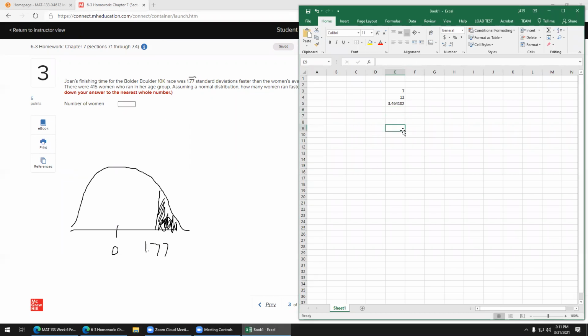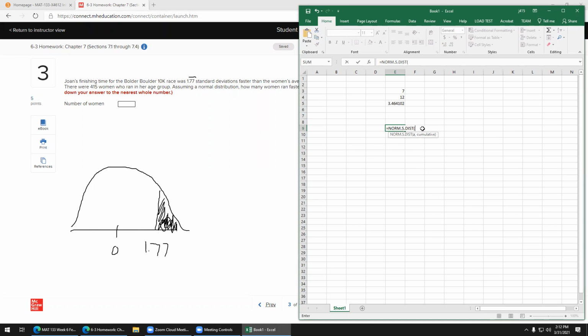So in Excel, I'm going to use equals NORM.S.DIST, because they didn't give me the mean, so I'm going to use the standard normal. And I am going to type in my z-score. Now, because this is symmetric, my lower tail and upper tail are going to be the same.